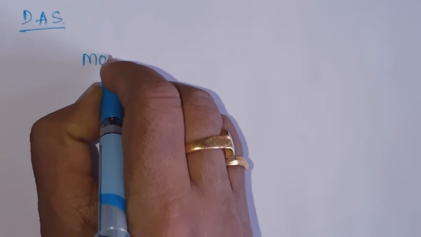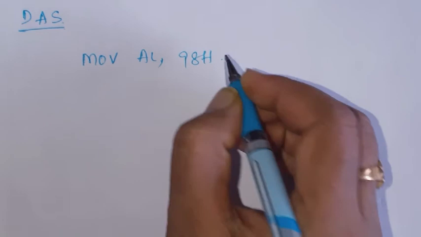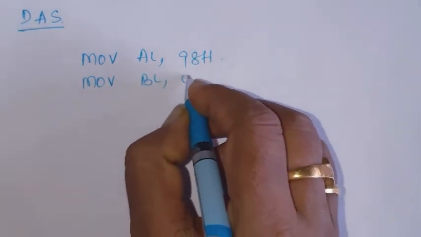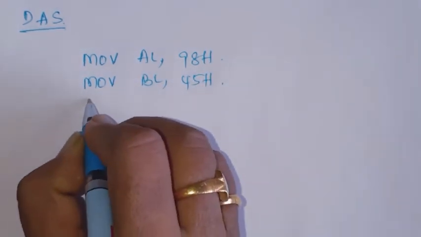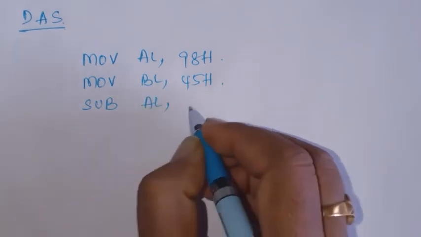The DAA instruction is used like this. In the same way you have DAS, that is decimal adjust after subtraction. After subtraction, when two decimal numbers are subtracted and you want the result in decimal, then I can subtract AL, BL.